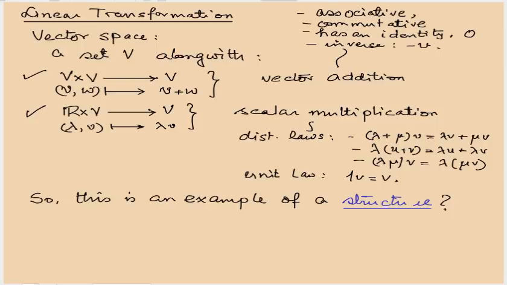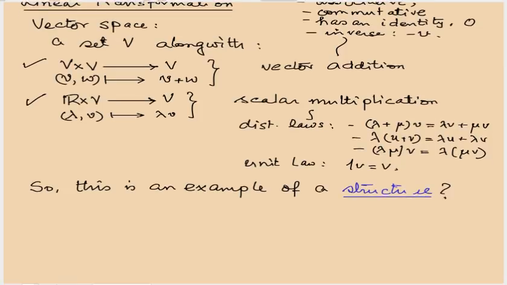So we have two extra components in the definition of a vector space other than just the set of vectors, which is V. One is vector addition and the other is scalar multiplication of vectors.